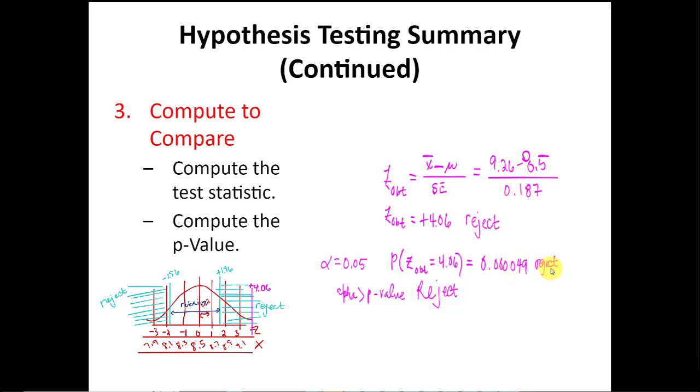So we're going to go ahead and reject because the alpha, which was 0.05, is more than the p-value, which means that I was willing to risk committing a type 1 error at 5% alpha, and because my z-score is so high and the probability of getting a z-score that high is so low, the probability of me committing a type 1 error is 0.00049. So I'm going to go ahead and reject.